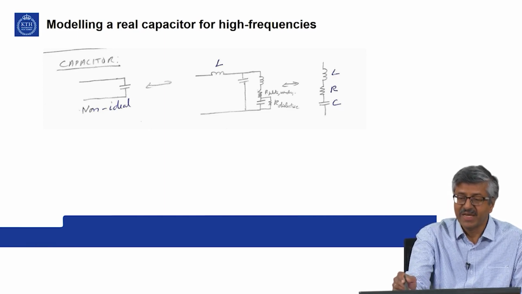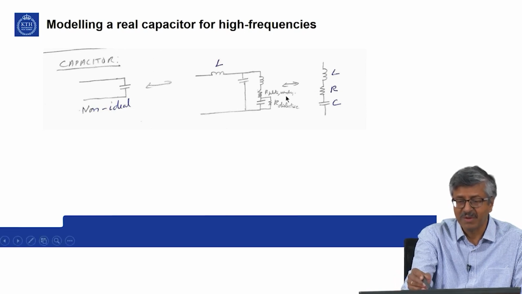So, C is the idealized part of the capacitor, and R and L are mostly contributed by the leads, or the R mostly from the capacitor itself.